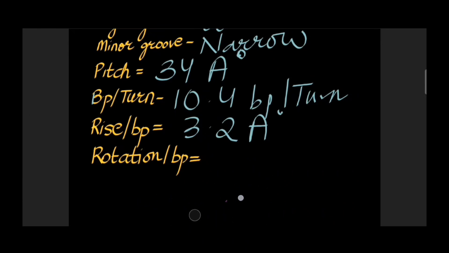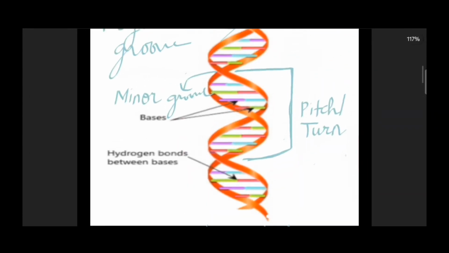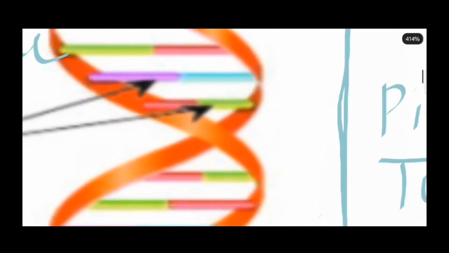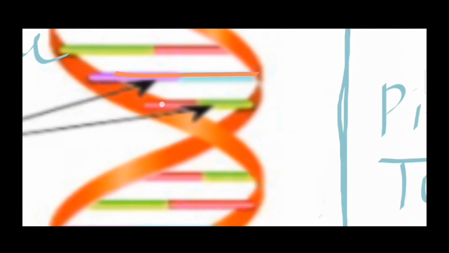That means the distance between two consecutive base pairs, right? So if I have to show you out here, these two are base pairs, right? This is like this one. So these two are base pairs. What exactly is the distance between these two base pairs is known as rise per base pair, right?